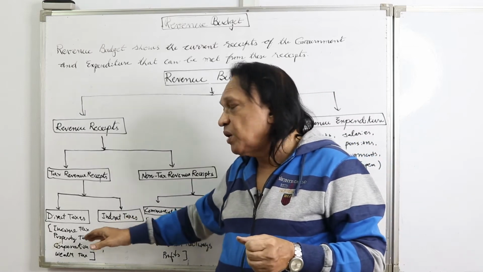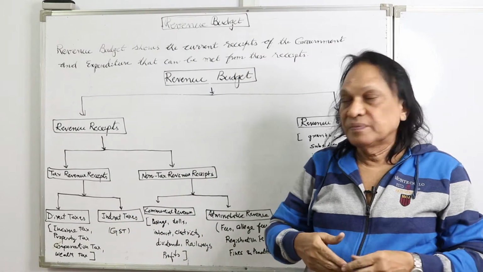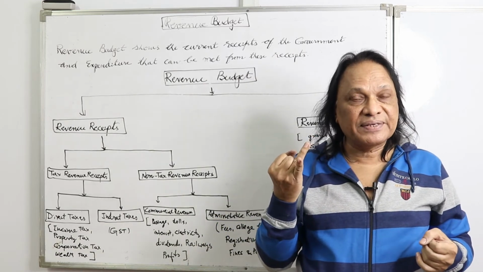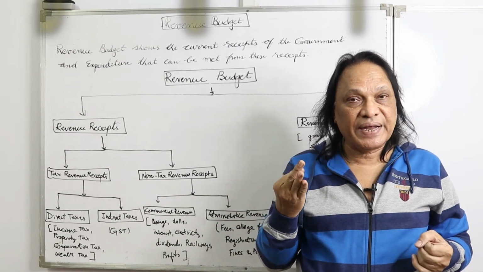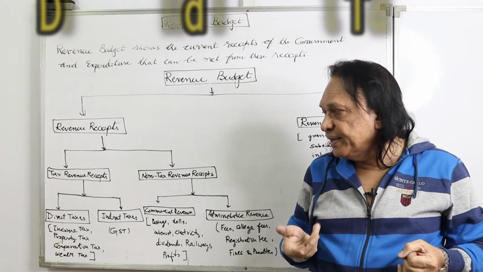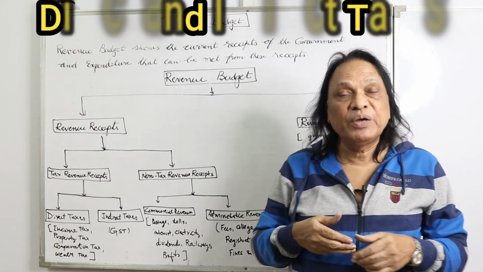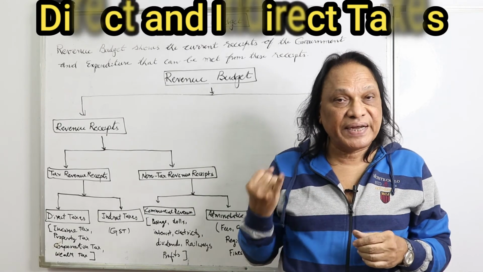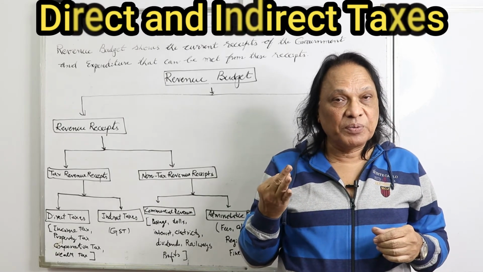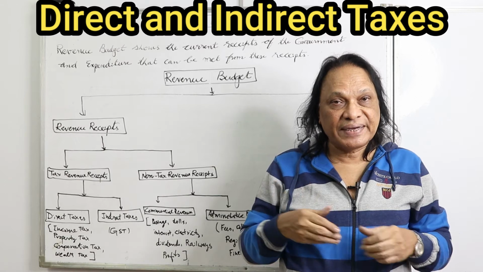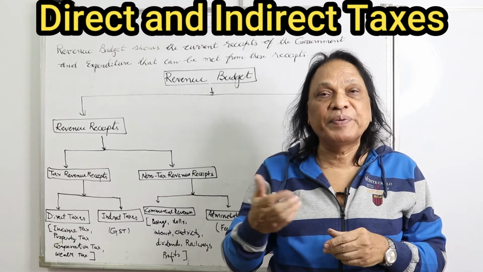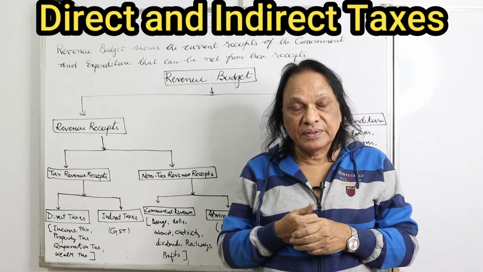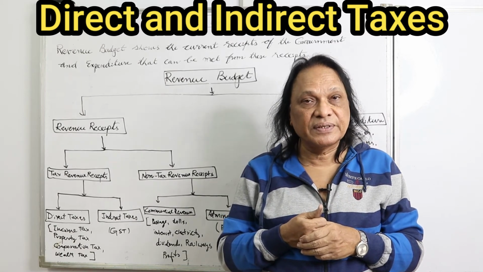We'll see the examples and then discuss what exactly direct taxes are. Direct taxes we all pay directly to the government. These are income tax, property tax, corporation tax, interest tax, and wealth tax which you pay to the government. Why do we call them direct taxes?